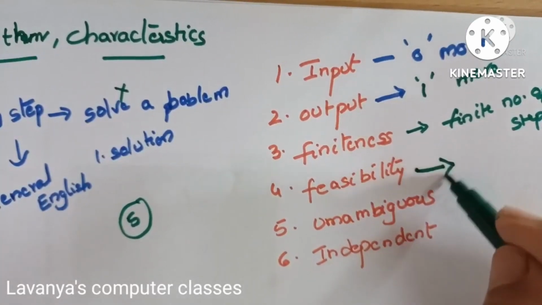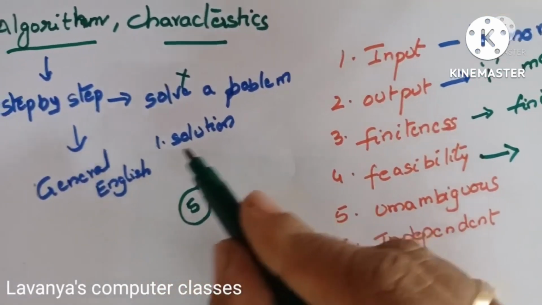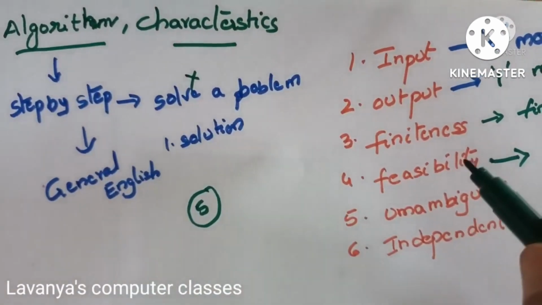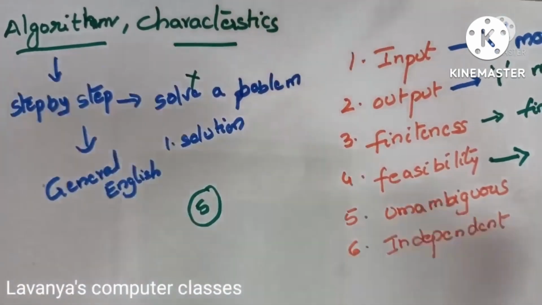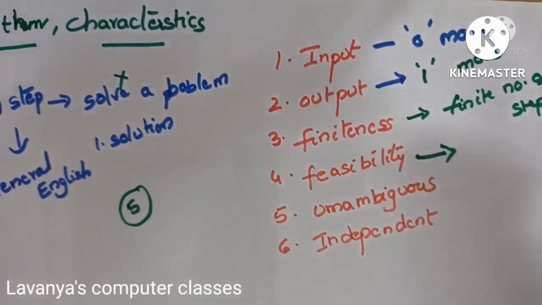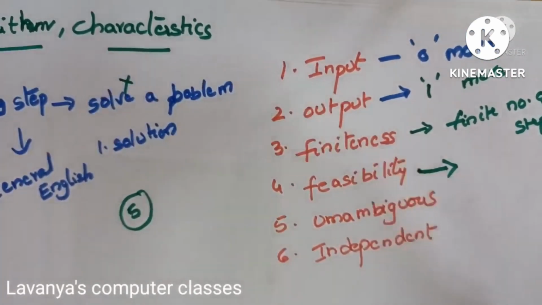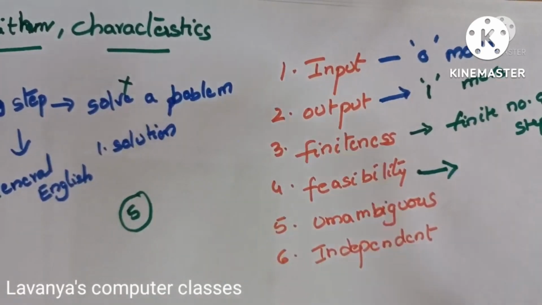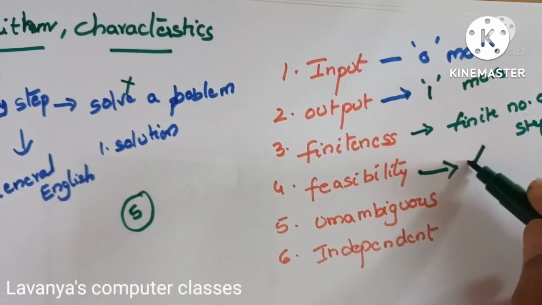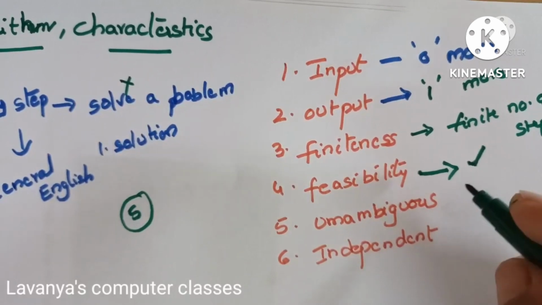For solving the problem we need some inputs, but all inputs must be available with the programmer. If you don't have some value, but the algorithm uses that value, it is not feasible because that value is not available with you. So using the values we have and finding the solution is called feasibility.